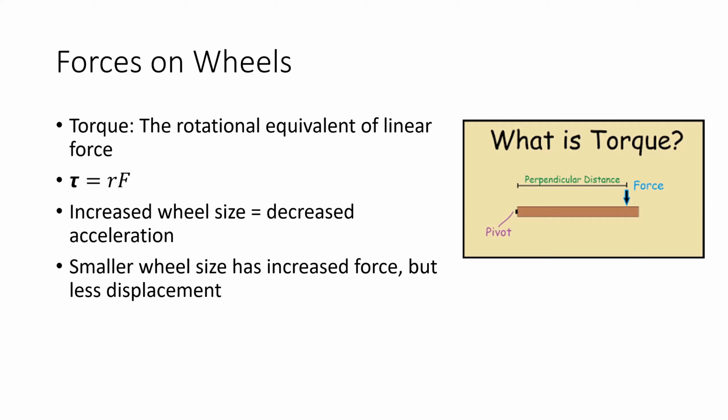Same thing for the other direction. If you decrease your wheel size, you actually get more force, but overall you have less displacement. This is why if you have smaller wheels, you have really good acceleration, but you win in the acceleration and lose in the distance.